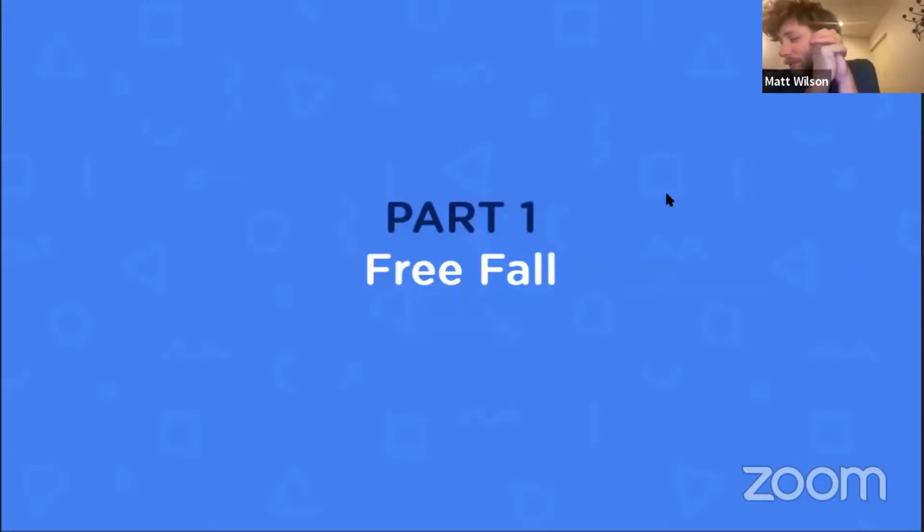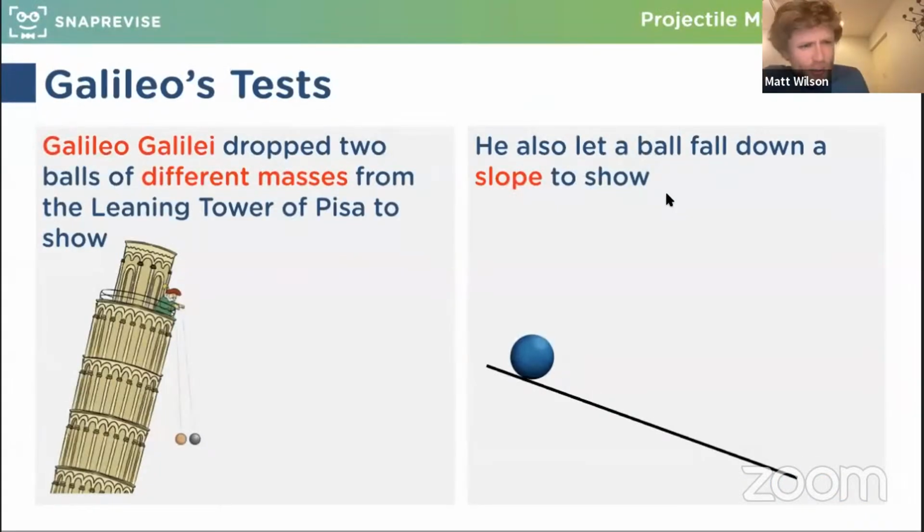Okay, so before we start doing too much on two-dimensional motion, we're going to introduce the concept of free fall. The idea is essentially that we're going to be discussing the motion of objects which we have just let go of and let fall in the gravitational field.